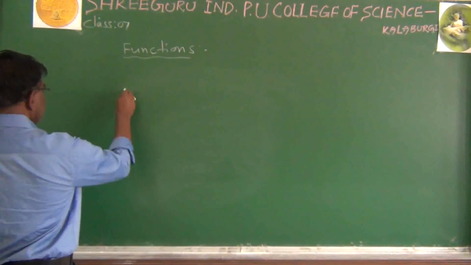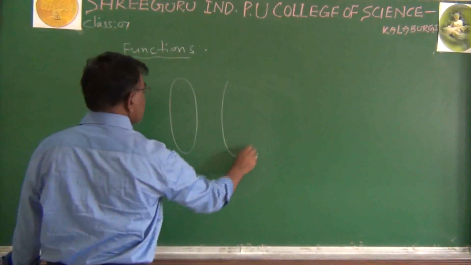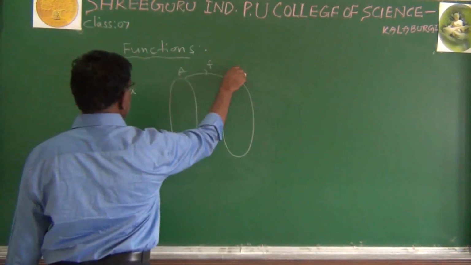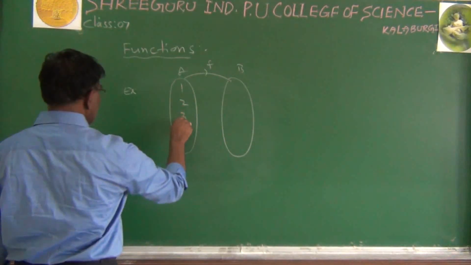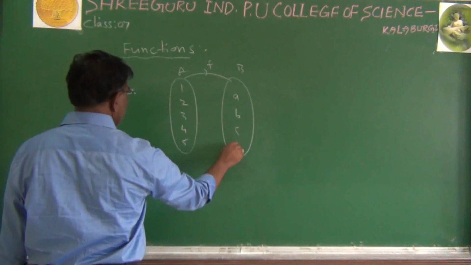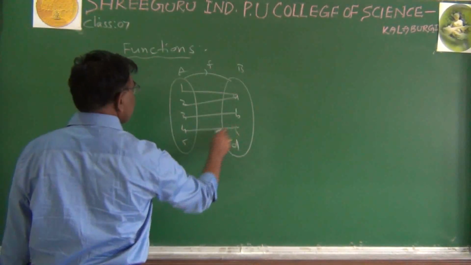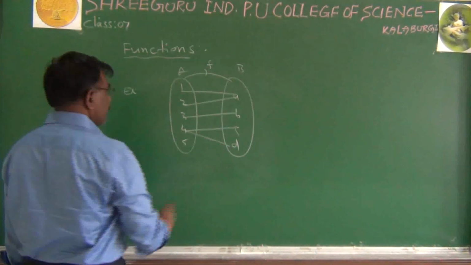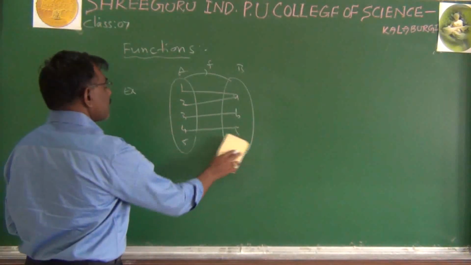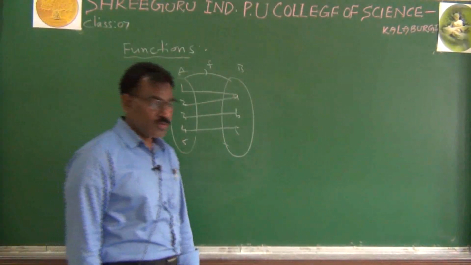For example, this is f from A to B. 1, 2, 3, 4, 5 and A, B, C. So this is my question: whether it is a function or not.